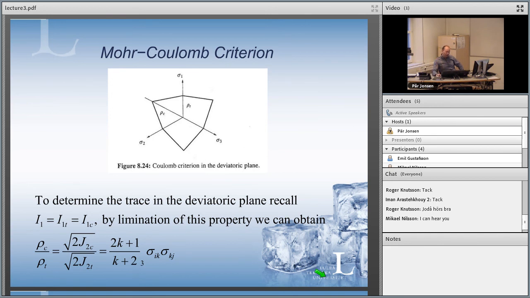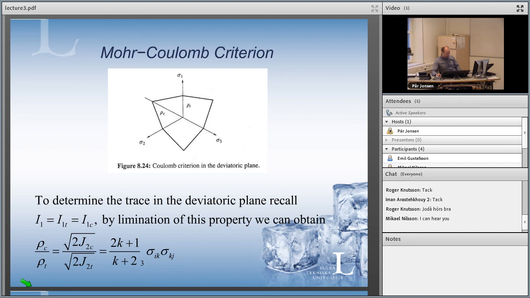But here you can see the difference between Tresca and this one. With Tresca, you have the same strength for tension and compression. This one will have a lower strength for tension than compression. But it will be conical, so it will be weak for tension and strong for compression. And this is how it looks like.